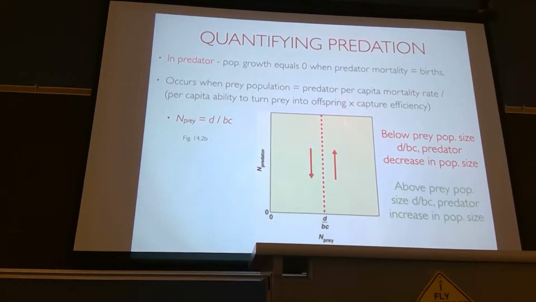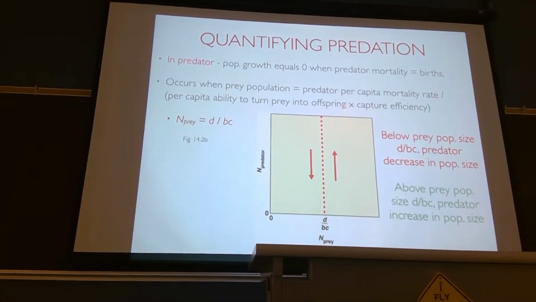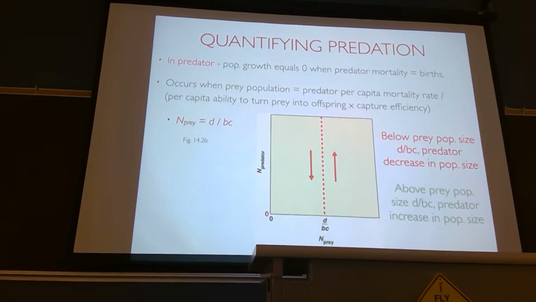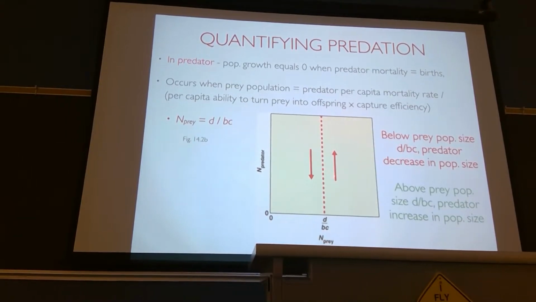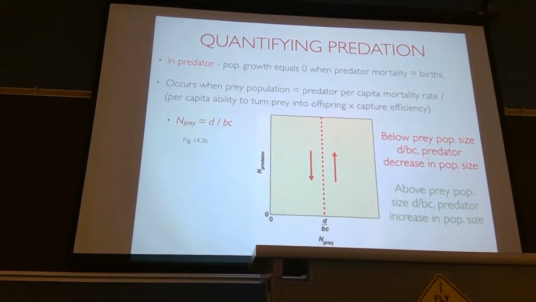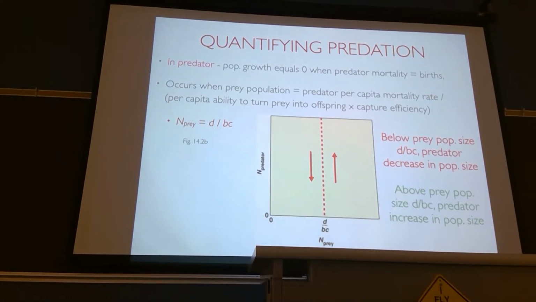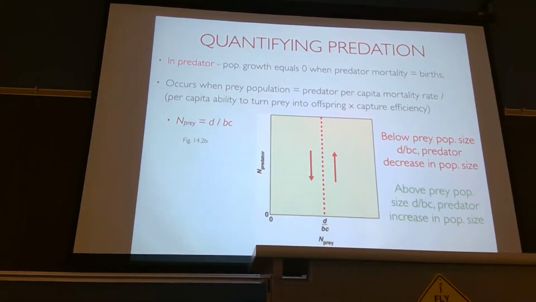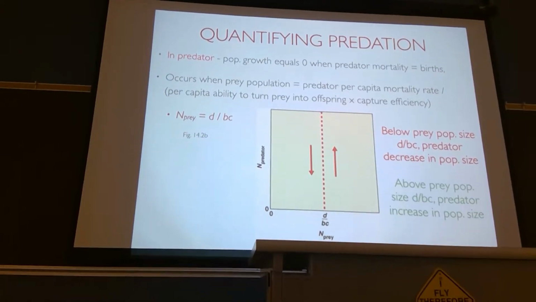The population of predators will increase over time. Okay, and again, this is the predator population, so it's increasing here because they're having more births than deaths. But it's dependent upon the prey population size. If you don't have enough prey, you can't fuel enough reproduction to overcome mortality. If there's lots of prey, then your population can increase.